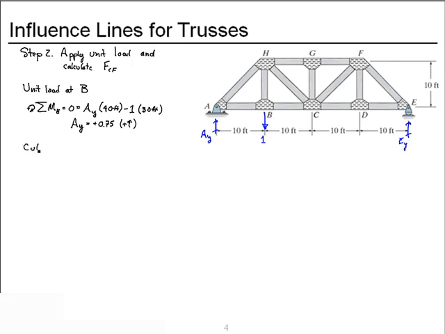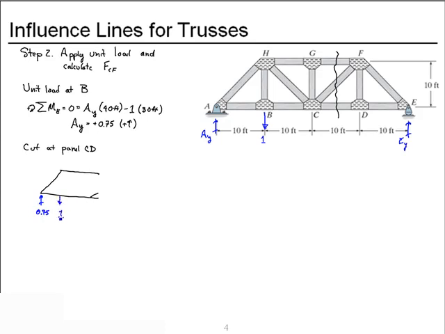Now I'm ready to cut the truss, and I'll cut it at panel CD. Remember, method of sections says that we can only cut 3 unknown truss members, and we have to cut it into 2 distinct sections of truss, and ideally we'll cut the member we're looking for, in this case member CF. I'll keep the left piece. We have our vertical reaction, 0.75, up.